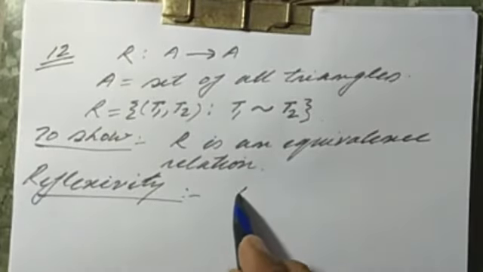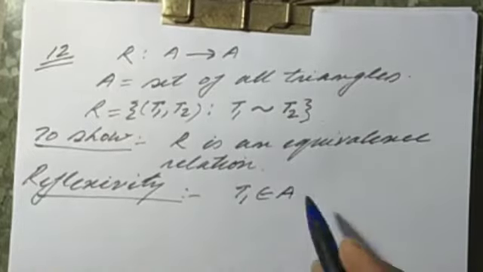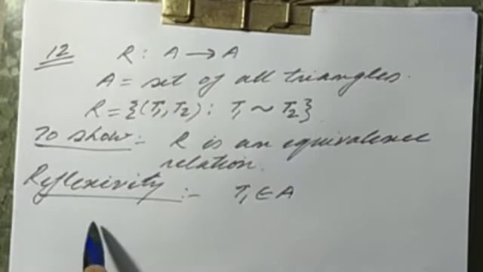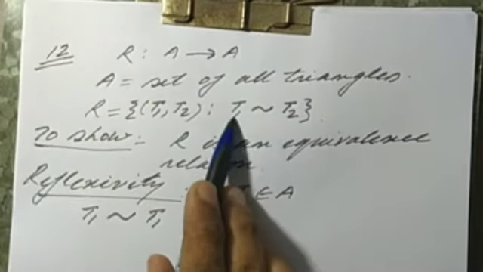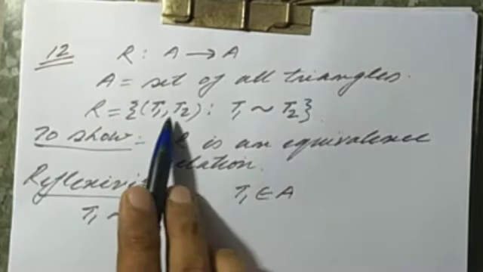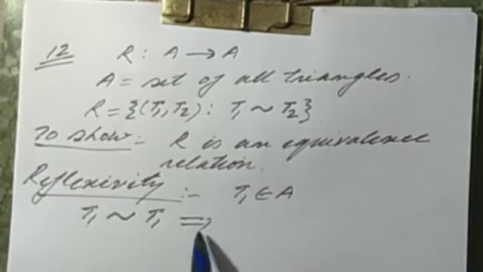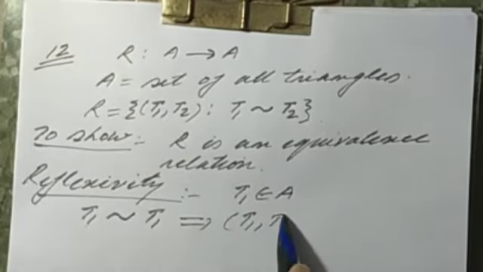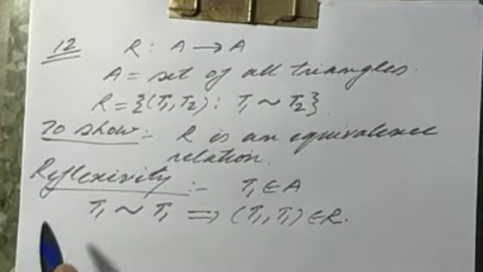Let us take any arbitrary element, say T1, from the set A, any triangle. As we know that every triangle is similar to itself, we may write T1 is similar to T1. Then by the definition, if T1 is similar to T2, then (T1, T2) belongs to R. So if T1 is similar to T1, it implies that (T1, T1) belongs to R. So every element of A is related to itself. That's why R is reflexive.